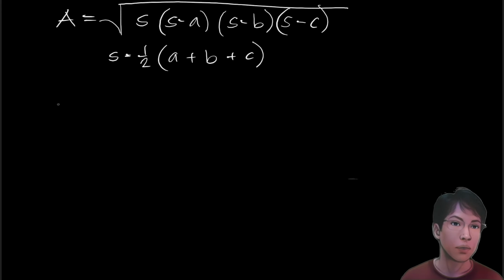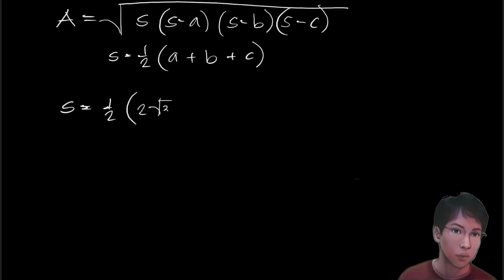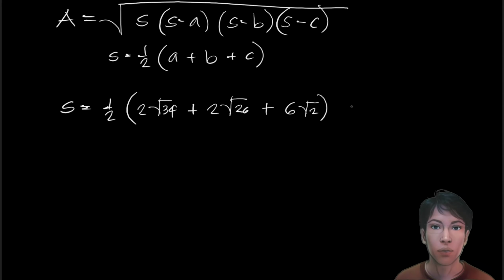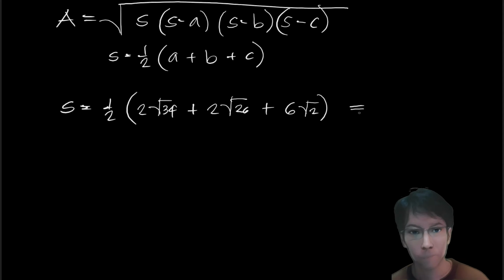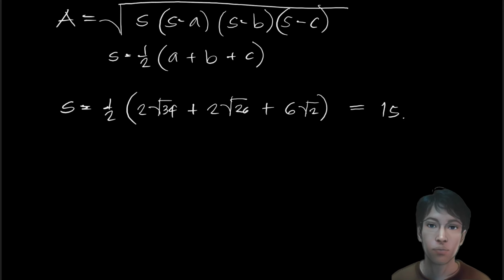So let's solve for s first. s is 1/2 of the 3 sides of the triangle, so that is 2 square root of 34 plus 2 square root of 26 plus 6 square root of 2. This gives us 15.17.